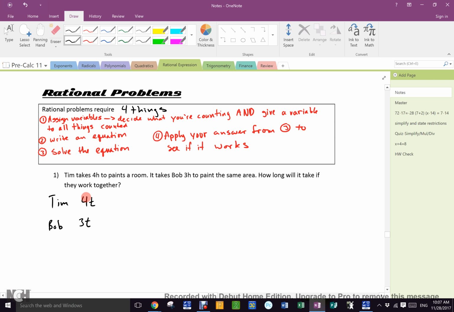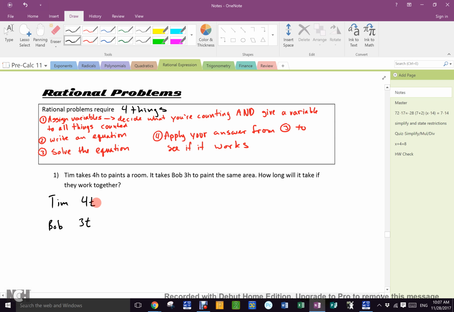Well, I know how long it will take Tim to do the job, 4 times. But what is 1 unit of Tim's time? How do I figure out this? How do I know what 1 unit is? 4t equals... Okay, I'll change the question.